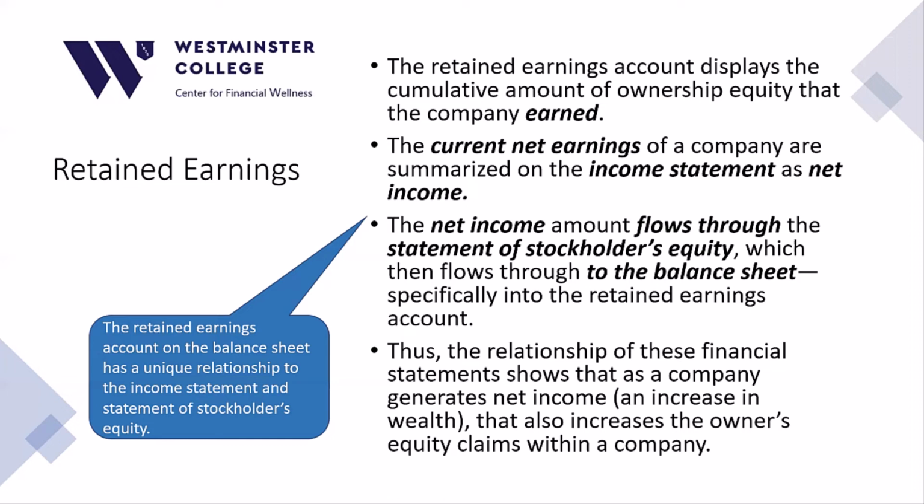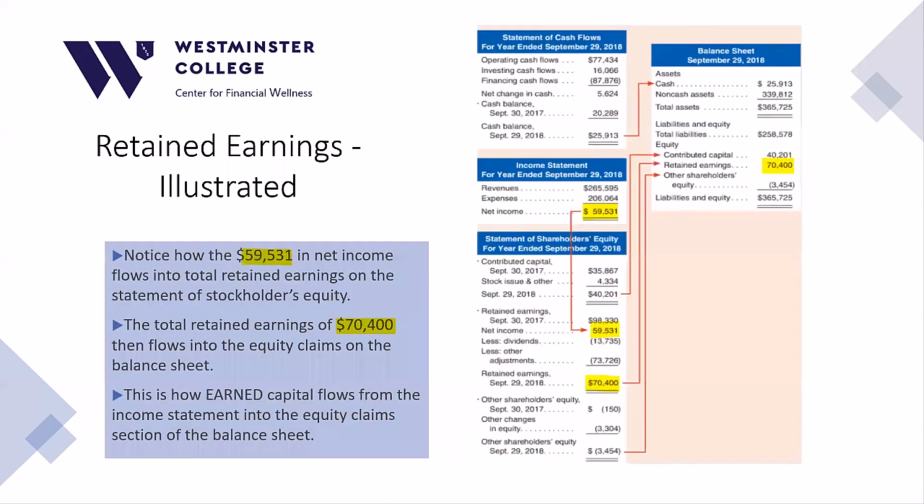Okay, that's a lot of words. Let's show some pictures. All right, so here's a picture of what I was saying. We have our four financial statements here. We're going to focus on the income statement, the statement of stockholders' equity, and the balance sheet. Specifically, we're going to trace how net income gets from the income statement to the balance sheet. All right, here's our net income of $59,000, revenues minus the expenses.